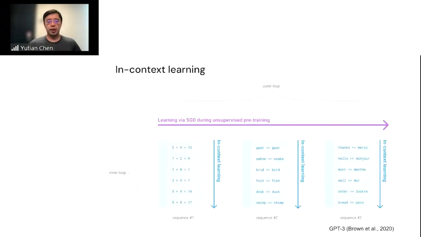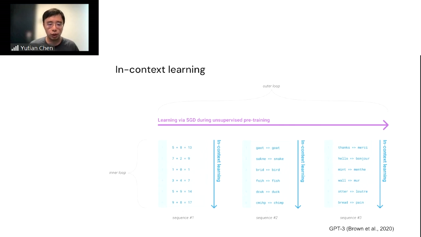One of the outstanding features of the transformer and the language model is so-called in-context learning. What it means is that instead of learning the parameters of a machine learning model for particular tasks, we can let the model adapt to a new task through the input sequence without changing the parameters of the model at all.